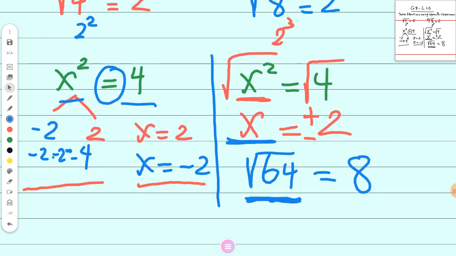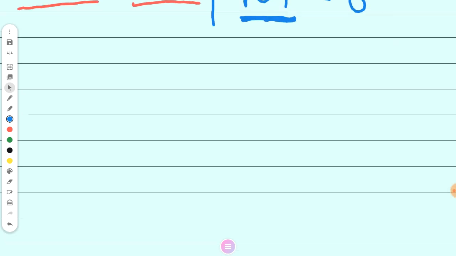About the cube root, actually, by the way, I don't have a square root for a negative number. You can't find the square root of negative 4. It's a math error. Why?